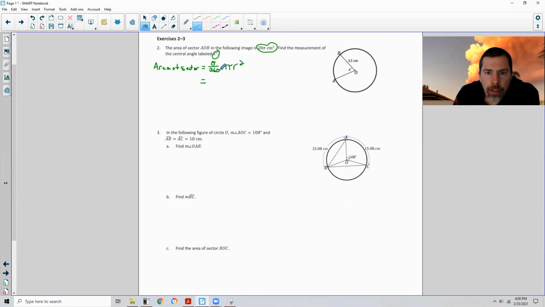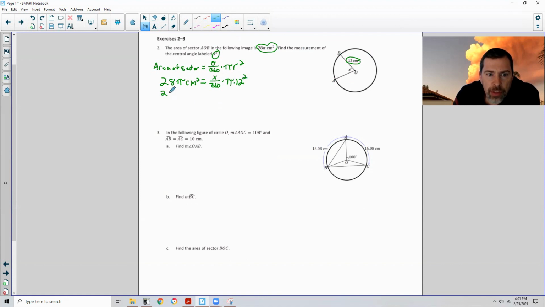So therefore the area of the sector, we're given 28 pi centimeters squared, equals x over 360, we don't know theta, we're trying to find it, times pi, and the radius is 12. So there's the radius there. They didn't tell us in here, but they told us in the diagram. So that's times 12 squared.